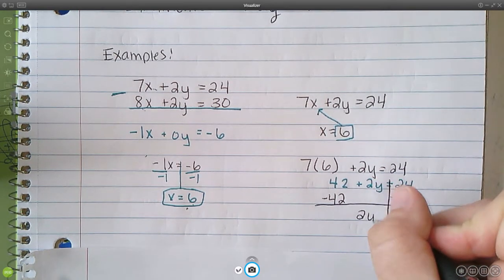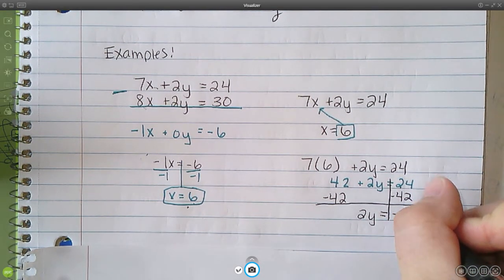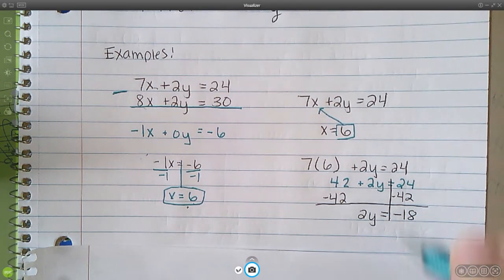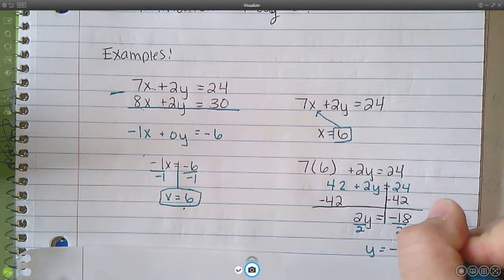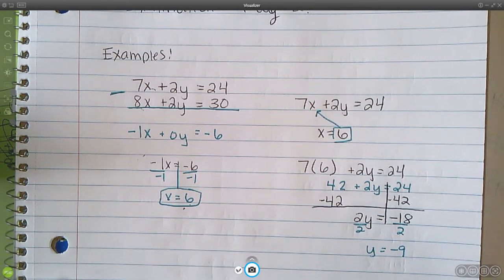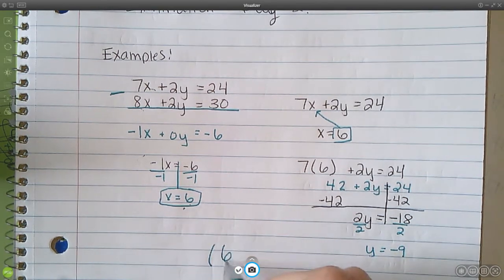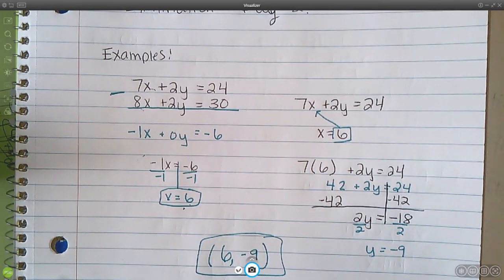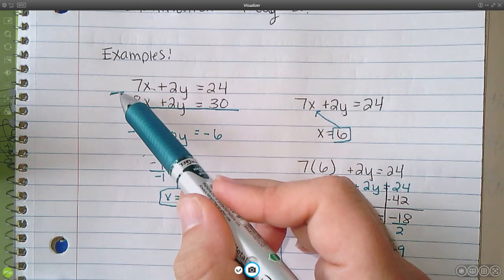You're left with 2y equals 24 minus 42, which is negative 18. Then divide both sides by 2, and you get y equals negative 9. Your last step was to write as a coordinate point. So our x value was 6 and our y value was negative 9. The only difference between the problems today and the problems yesterday is that these two signs are the same, so you have to subtract.